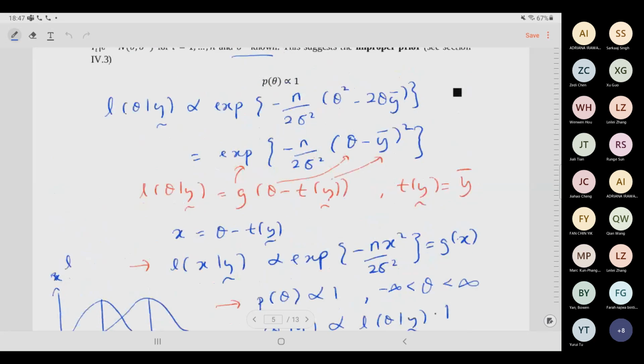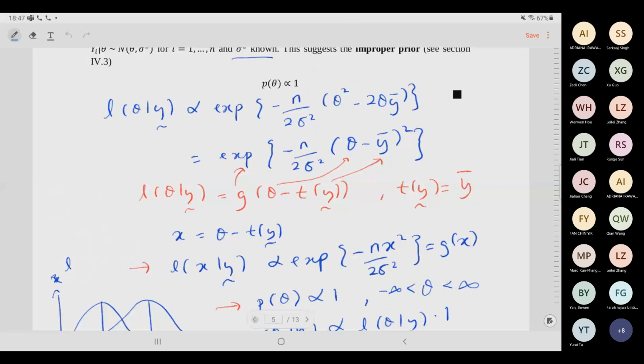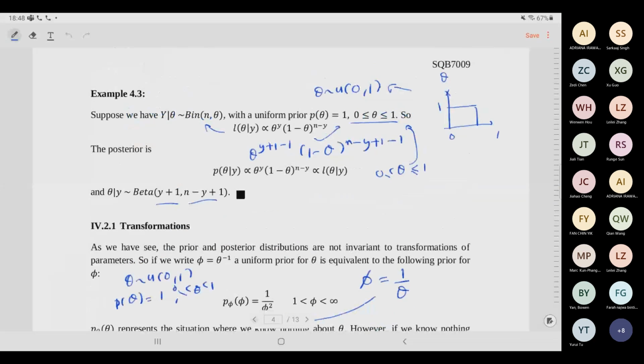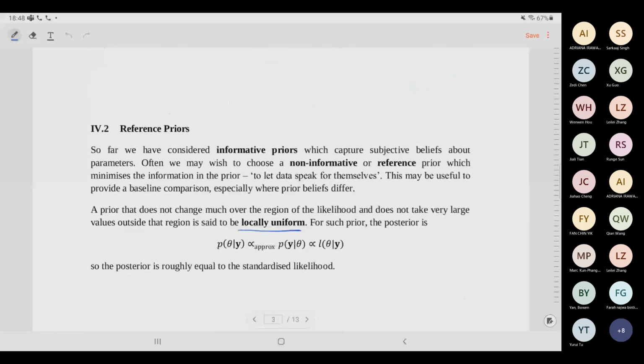If you look at the definition of the flat prior, you can see that its aim is to minimize the information in the prior, to let the data speak for itself.